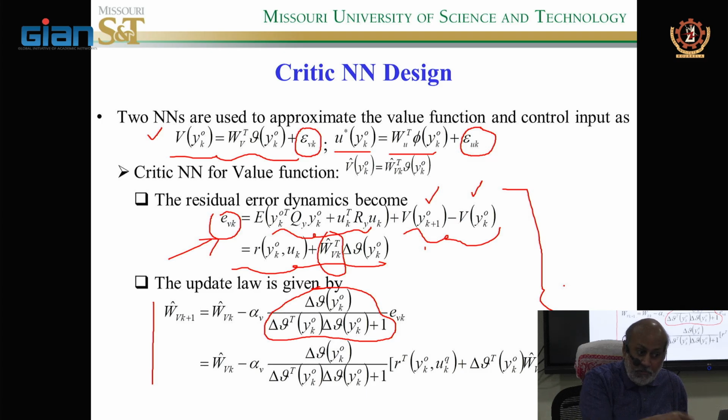But the disadvantage of that update law is that it makes the convergence a little bit slow, so in nonlinear control, people don't like that. Keep this in mind. There are other ways to do it, but the proofs are very difficult, which is why we have to do that. Now look at that. This update law is driven by the Bellman error.